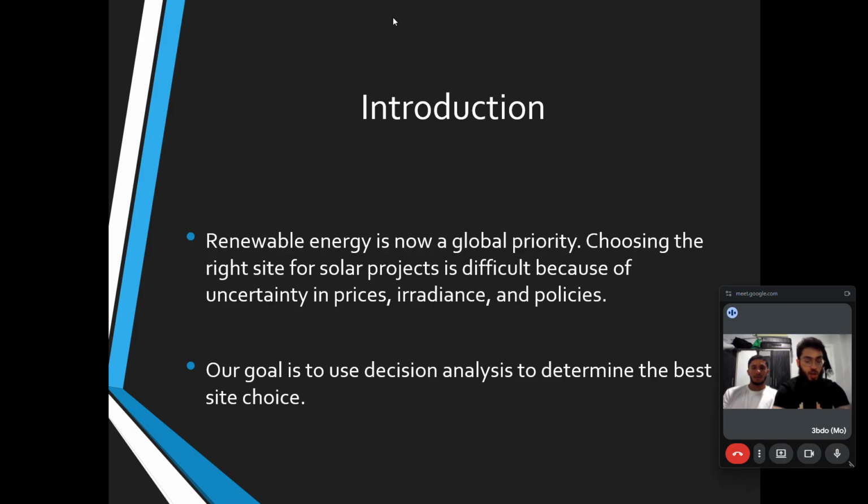Renewable energy is now a global priority. But one of the hardest steps in solar projects is choosing the right site. That decision involves uncertainty in prices, irradiance, and policies. Our goal is to use decision analysis to determine the best site choice.